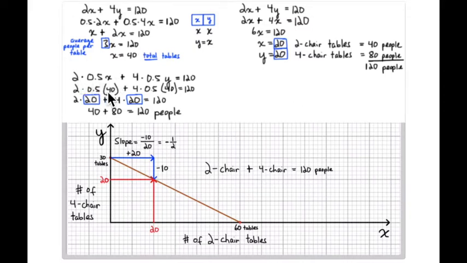Half the number of tables are 20 tables that can seat 2 people. Half, this 5/10 right here, of the number of tables. Half of 40 is 20 tables that can seat 4 people. So along this side I can seat 40 people. Down this side I can seat 80 people. And that's a total of 120 people.